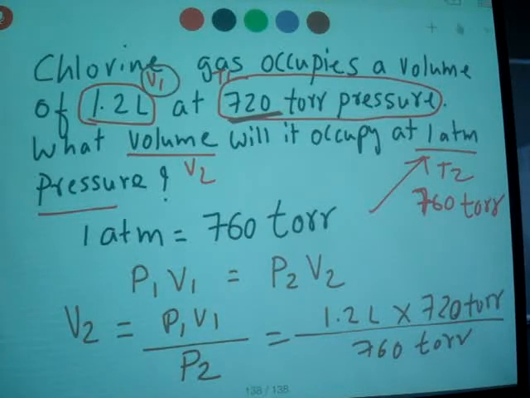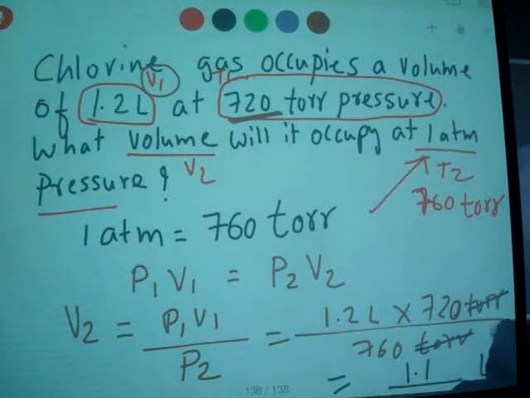When you do the calculation, the torr cancel and you get the answer in liters. You get 1.1 liters. So you can say that it will occupy 1.1 liter at 1 atmosphere.